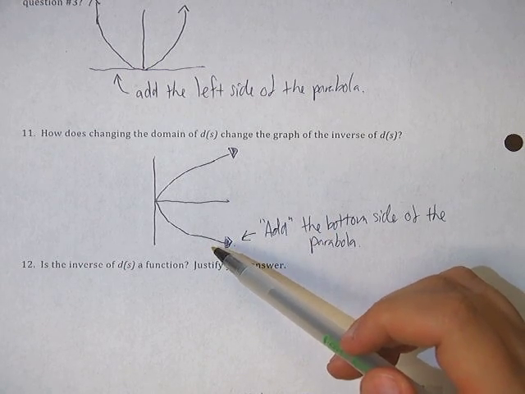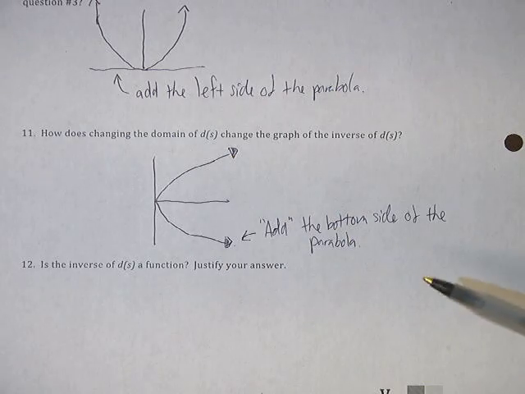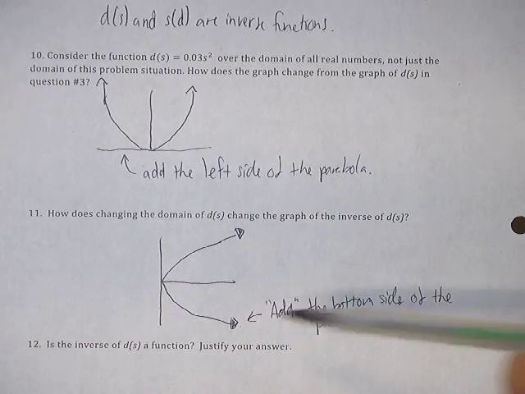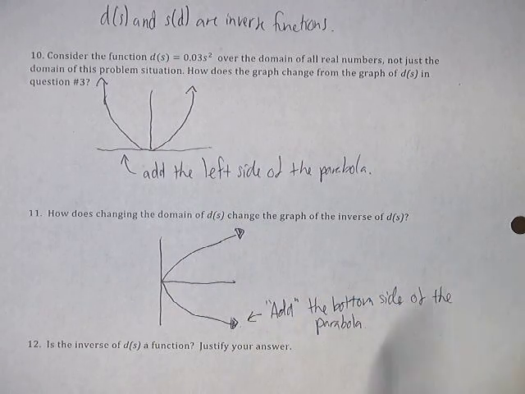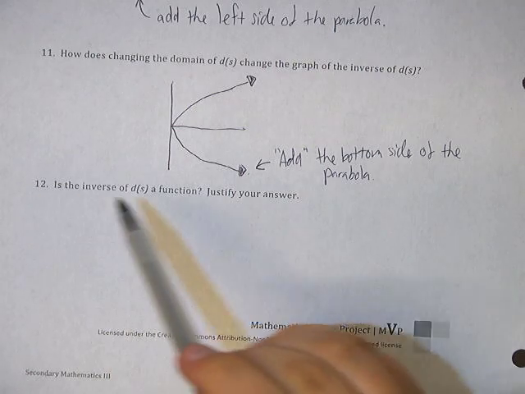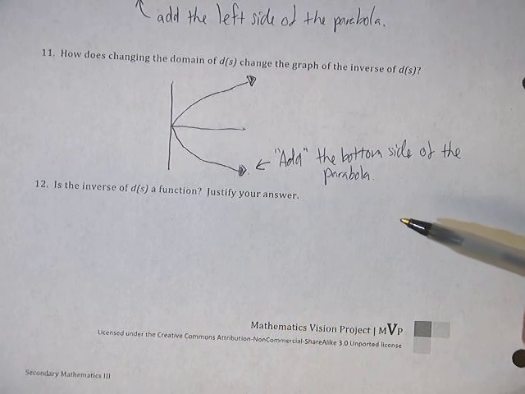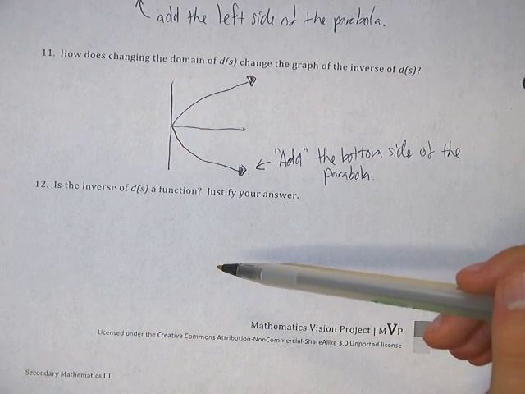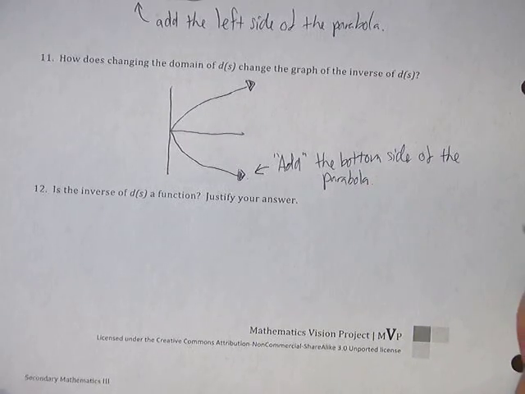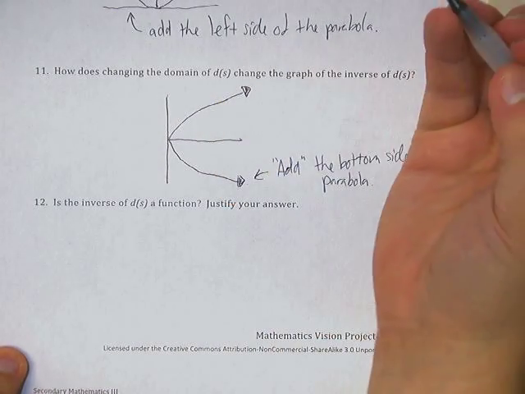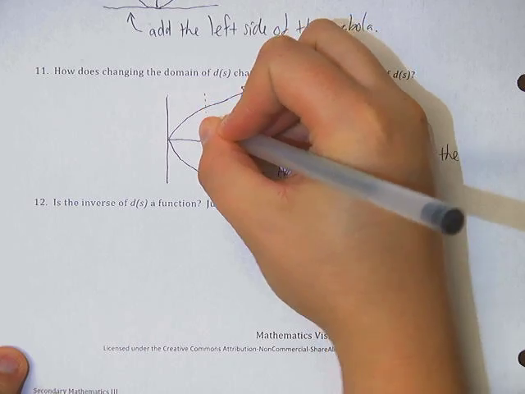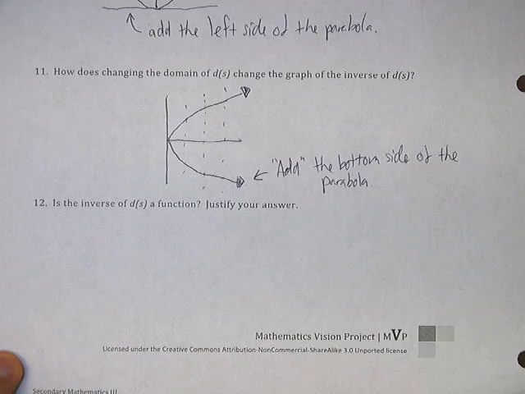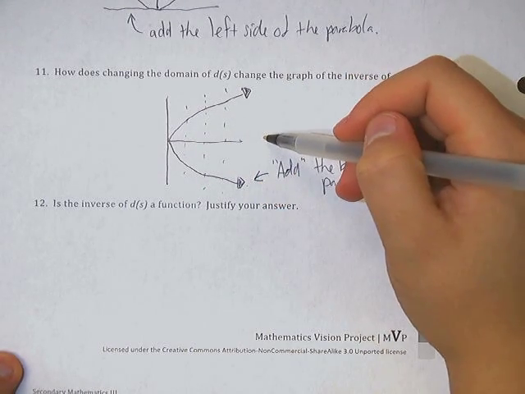So it would add the bottom side, not really a great term, of the parabola. And yes, parabolas can be sideways. That's something that's very important in conic sections. This is actually a parabola just because of the shape. It's symmetrical and it has that bowl shape, thus it is a parabola. You are definitely more familiar with this kind, but this is also a parabola, just so that you know.